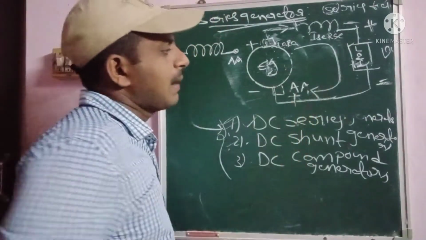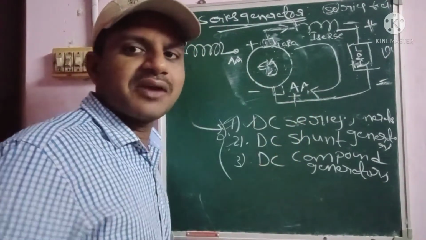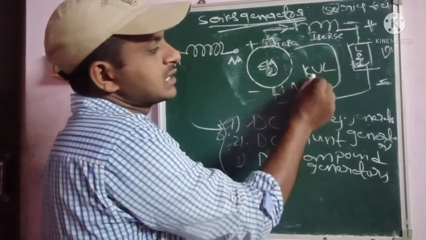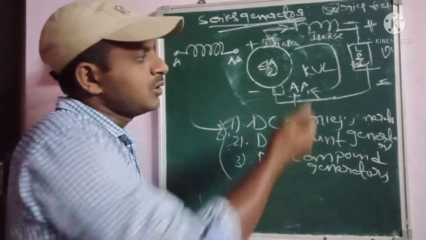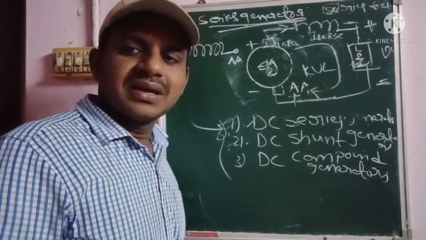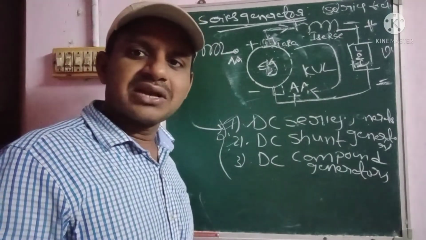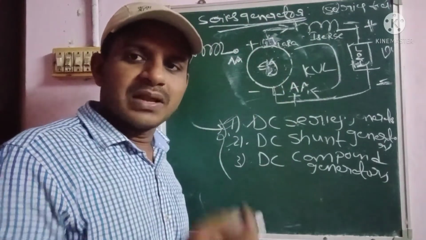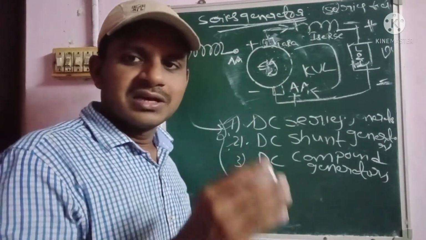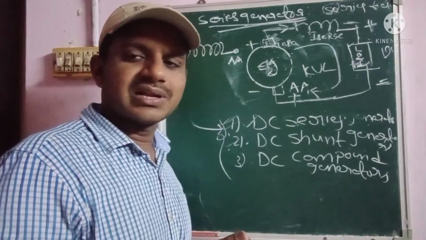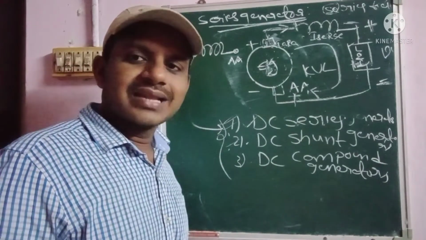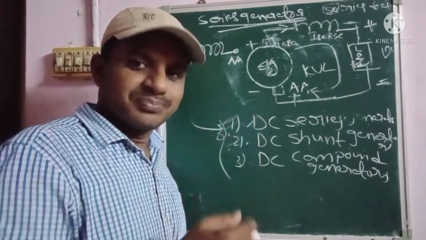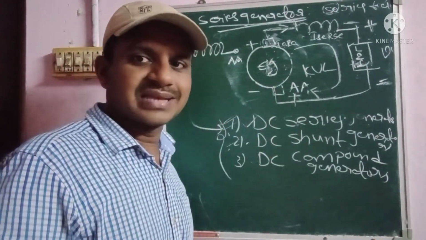Let us apply KVL, Kirchhoff voltage law. We already learned Kirchhoff current law as well as Kirchhoff voltage law in the previous sessions. Please go through our previous video classes once to learn how to calculate using Kirchhoff voltage law and Kirchhoff current law.